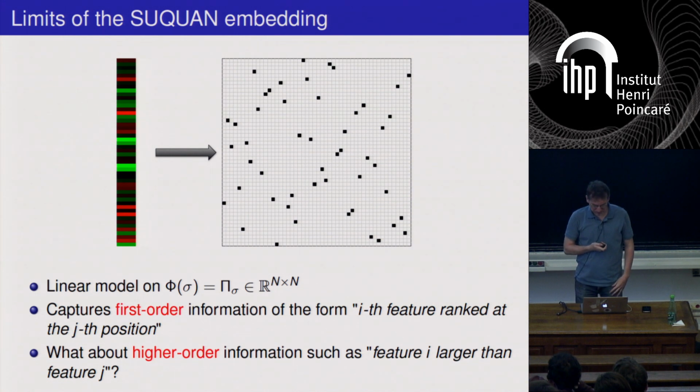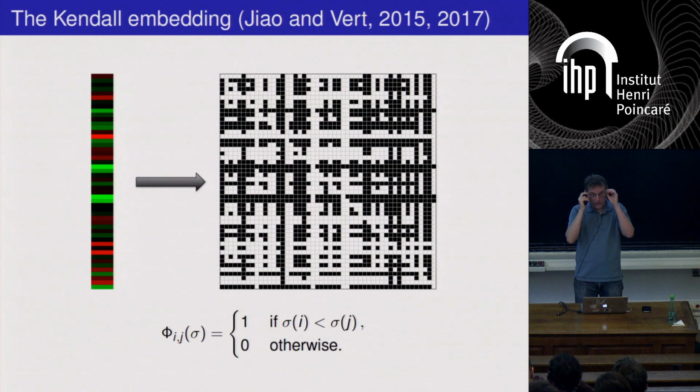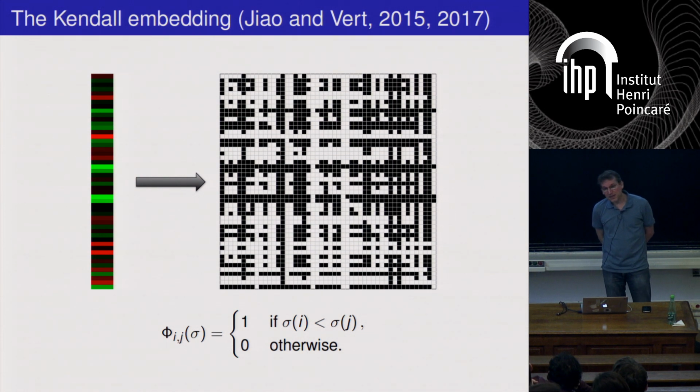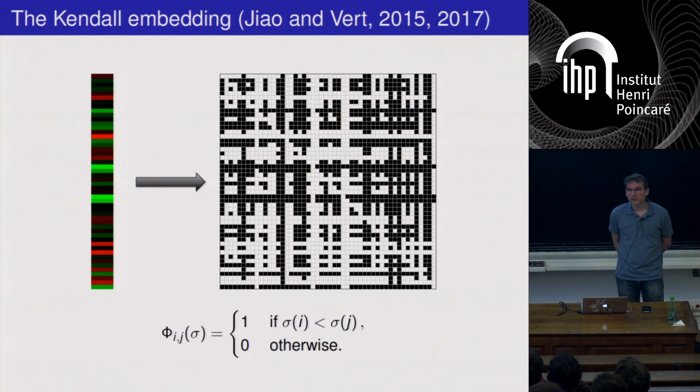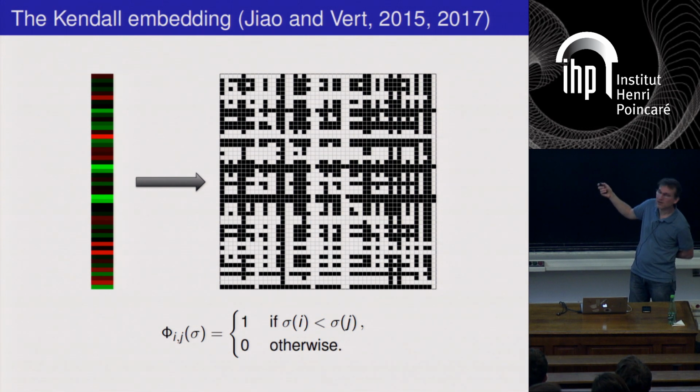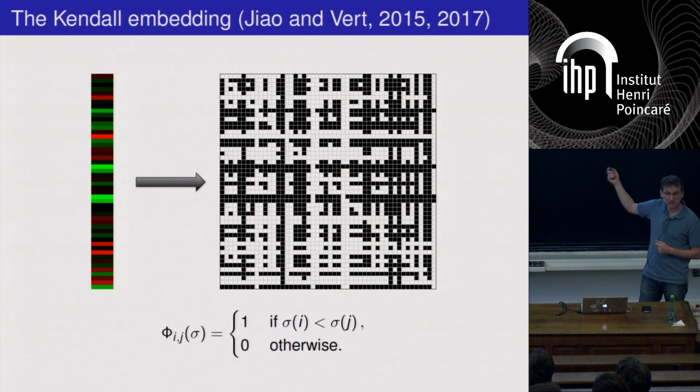So something else that we worked on with Yulong Zhao is another embedding, which I again represent as a picture. So you see it's a similar way. You start from sigma, but this time you create this matrix. What is this matrix? You see it's still a binary matrix. Still one way to represent a permutation as a vector in the space of matrices.